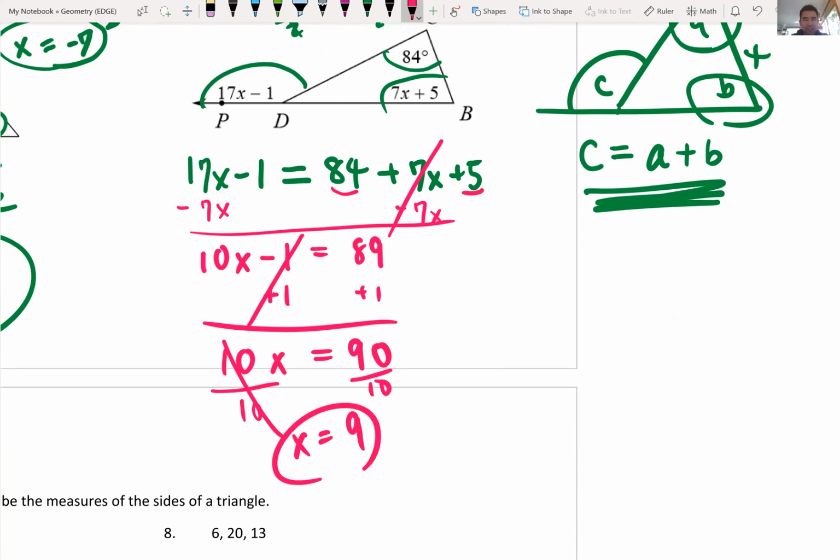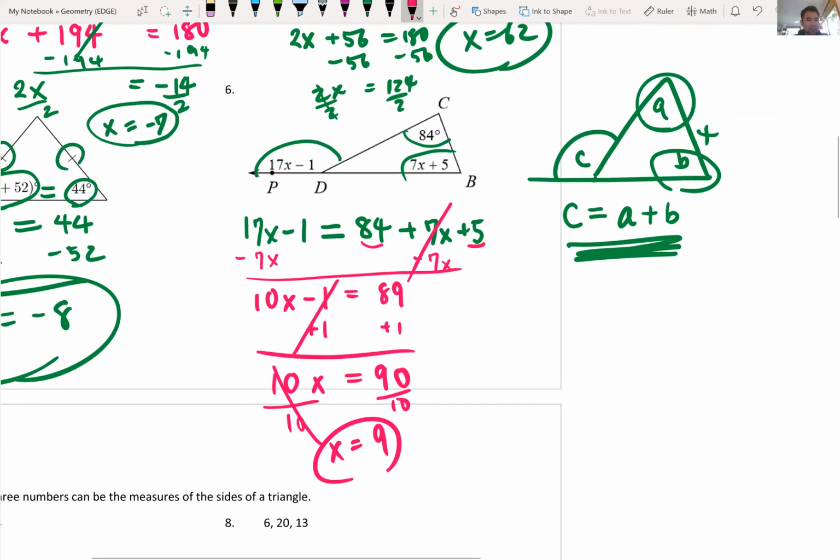Were you able to set it up and then solve it? I'm hoping that I can see more answers. Okay, I'm seeing a couple of you sharing the answers. I'm just wondering if maybe half of the class is struggling on the setup.